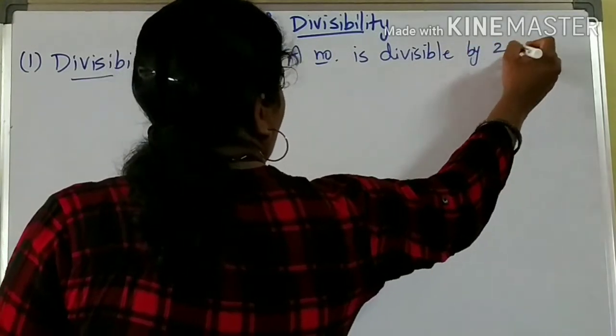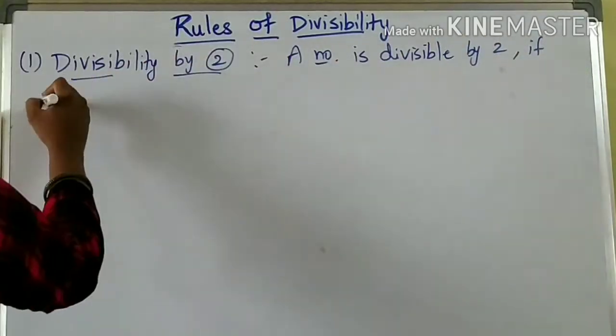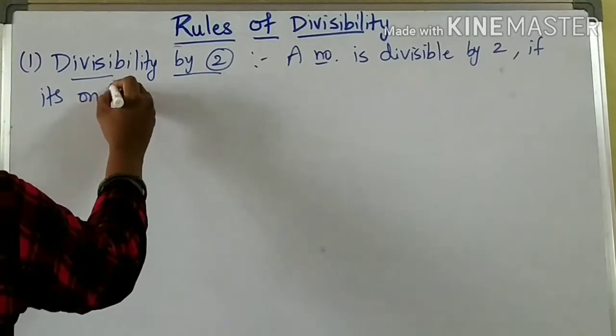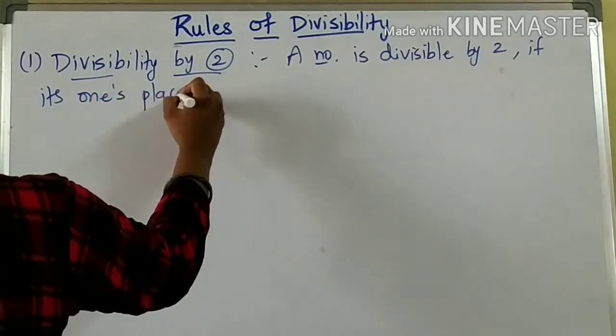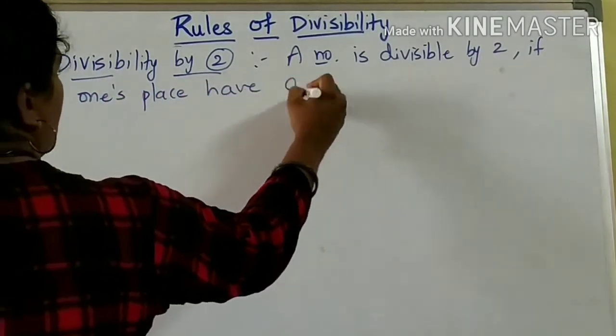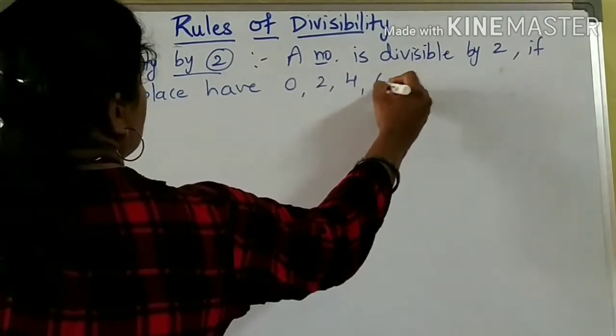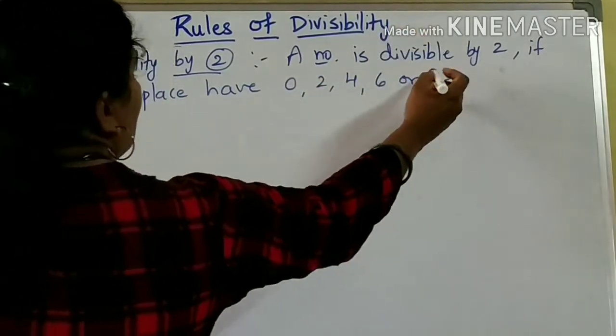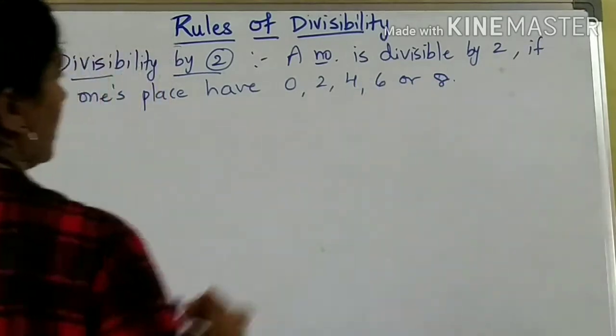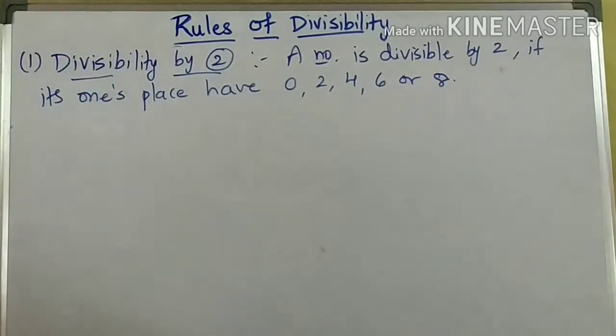What are 0, 2, 4, 6 or 8? They are even numbers, right? So I can say a number is divisible by 2 if its ones place has an even number.